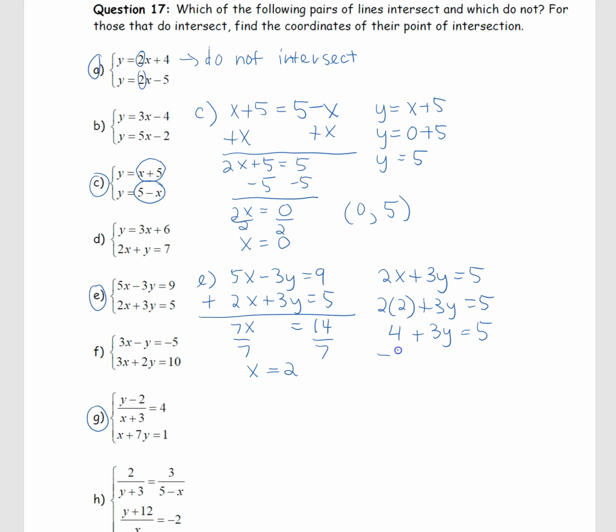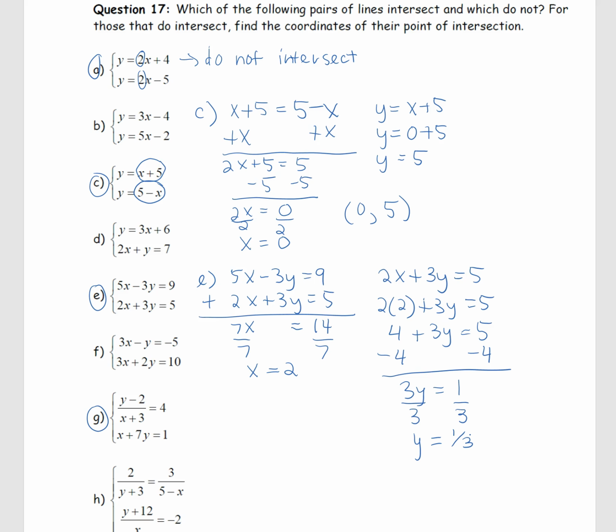And I'm going to subtract 4 on both sides. This gives me 3y equals 1. Dividing by 3 on both sides gives me y equals 1/3.